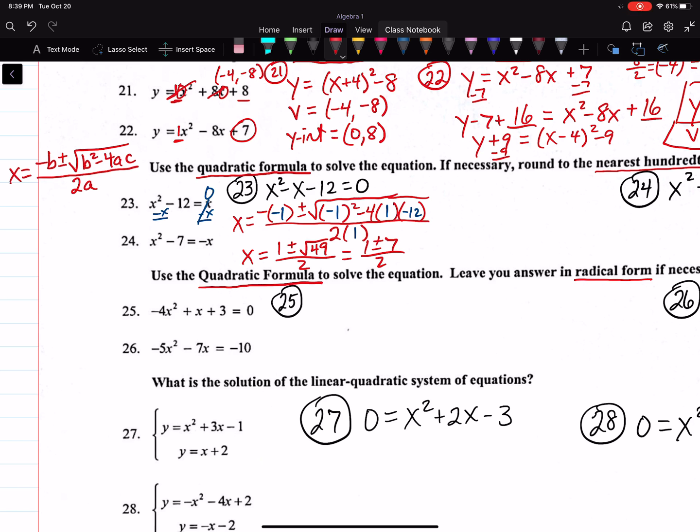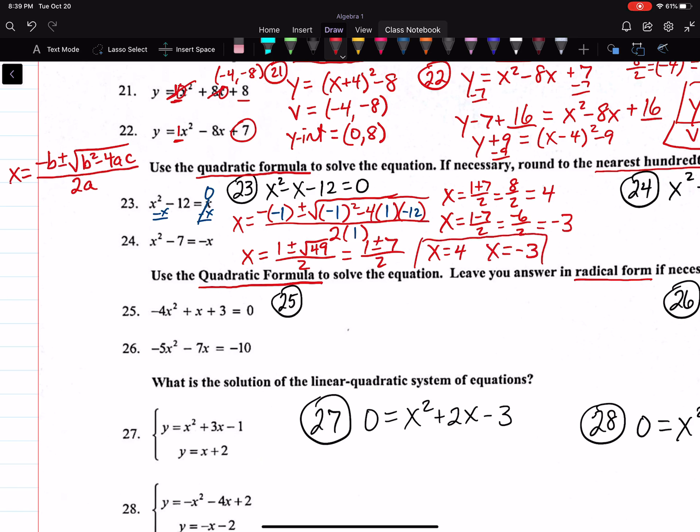So 1 plus 7 over 2 and 1 minus 7 over 2. So x equals 1 plus 7 over 2 is 8 over 2, which is 4. And 1 minus 7 over 2 would be negative 6 over 2, which is negative 3. So x equals 4 and x equals negative 3.